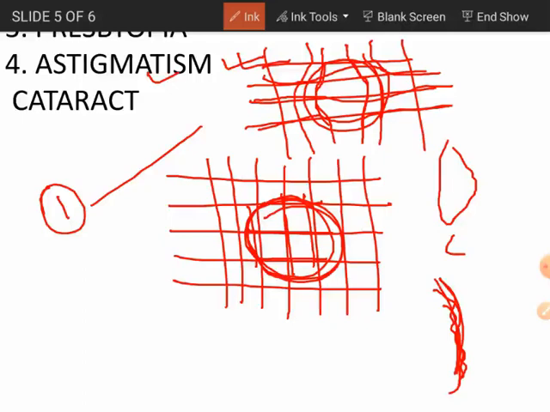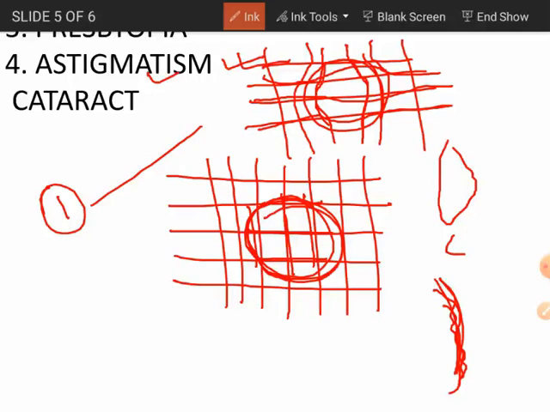Cataract is a cloudy or milky structure present on the eye lens or in between the cornea and the eye lens. This cataract may even lead to complete blindness, because light cannot pass through that milky or white substance. It blocks all the incoming light and the person may not see objects clearly, so it may lead to complete blindness.